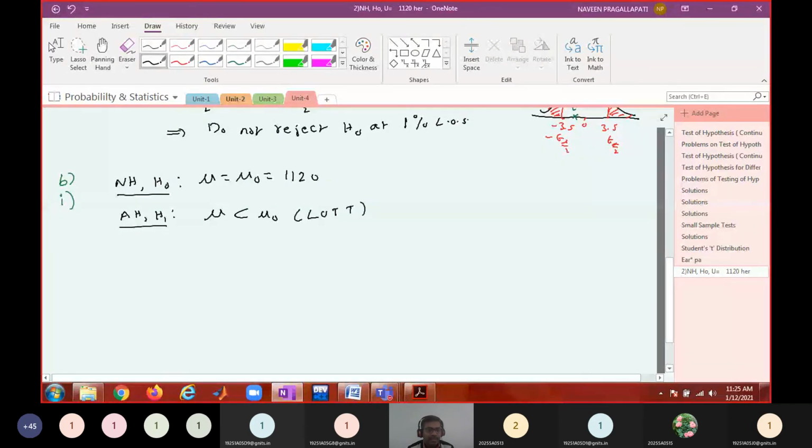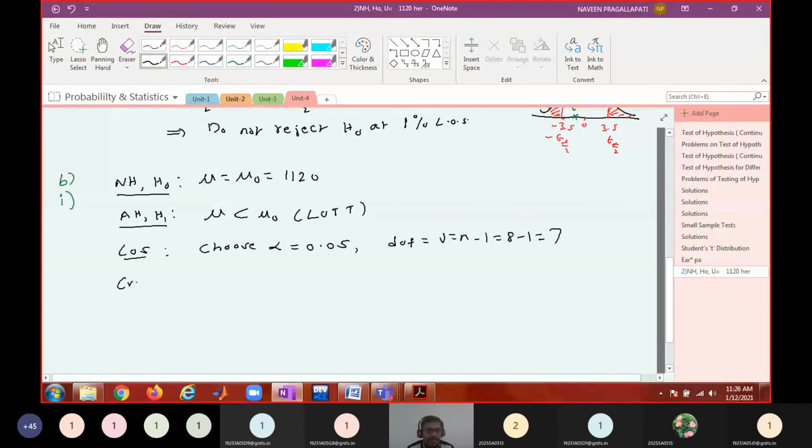Now the critical value. Choose alpha equal to 0.05 with degrees of freedom nu equal to n minus 1, equal to 8 minus 1, equal to 7.